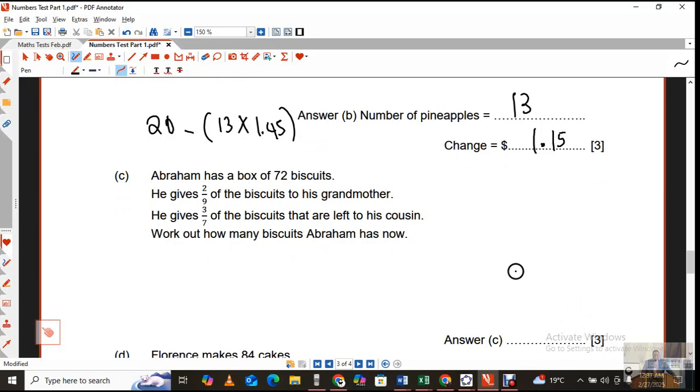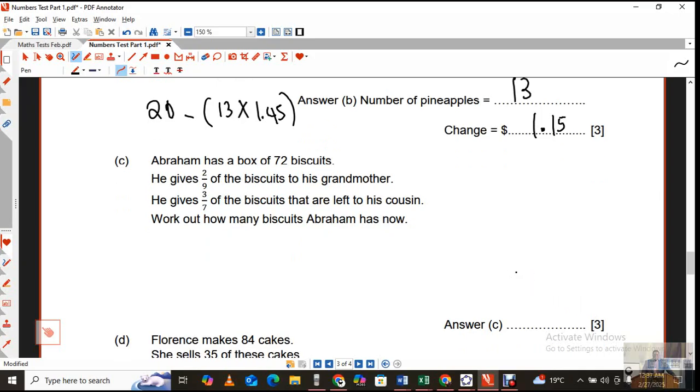Abraham has a box of 72 biscuits. He gives 2 ninths of the biscuits to his grandmother, so you can say 2 ninths of 72. That is going to be 16. So this goes to Granny. And then the next person is the cousin. The cousin gets 3 sevenths of what is left. Now, what is left?